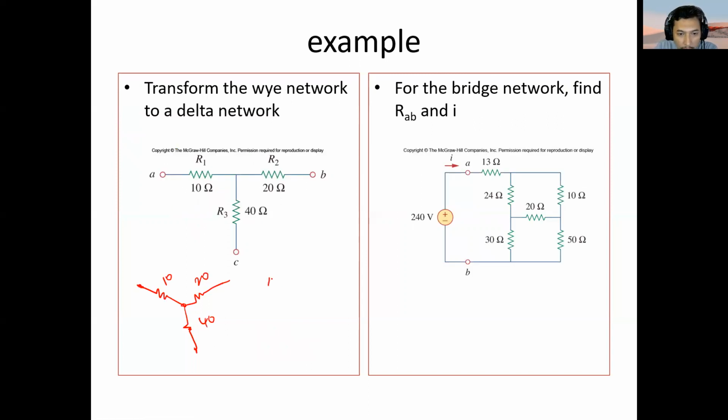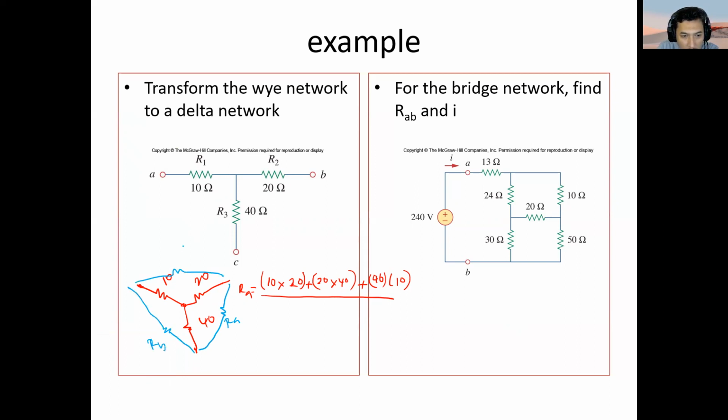To get your RA, for example: 10 multiplied with 20 plus 20 multiplied with 40 plus 40 multiplied with 10, over the opposite, which is 10 ohm. Here is your RA, this is your RB, and this is your RC.